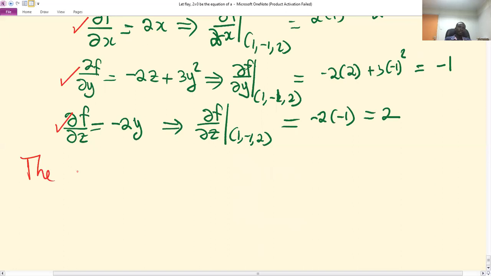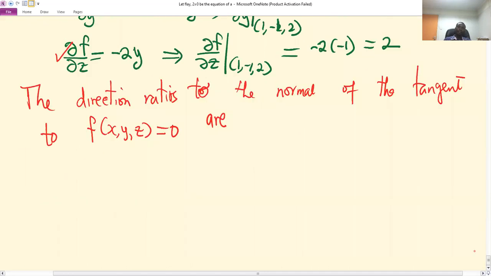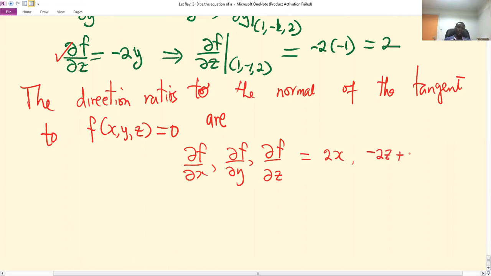So we say the direction ratios to the normal of the tangent plane to the surface f of x, y, z equals 0 are usually given by partial f, partial x, partial f, partial y, partial f, partial z, which is the same thing as 2x, and then minus 2z plus 3y squared, and then minus 2y.